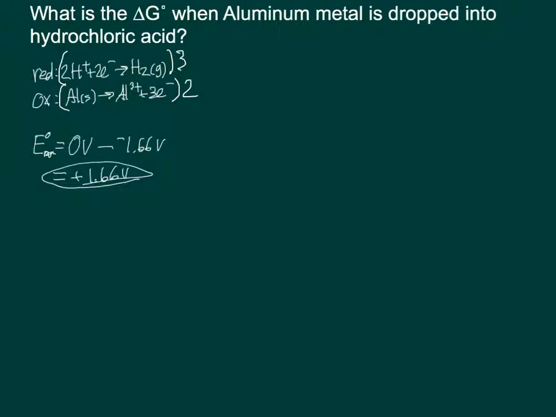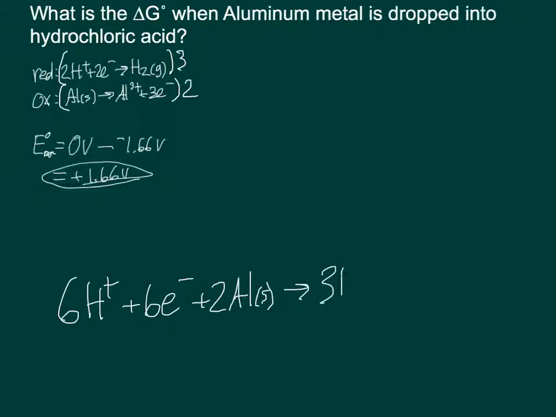So when we go ahead and put this all into one, it's going to be 6H+ plus 6 electrons plus 2 Al solid go to 3 H2 gas plus 2 Al3+ plus 6 electrons.